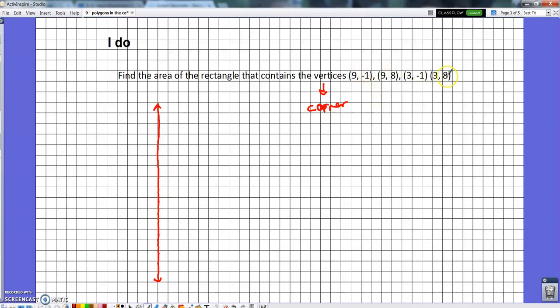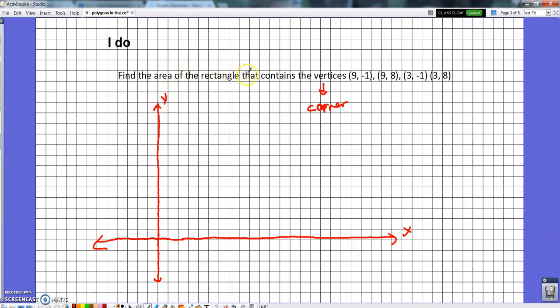And a lot of them are going to go up pretty far on the y and only down a little. So I'm going to make my plane more like that. I'm not going to make it symmetrical in all my quadrants. I'm going to be over here a lot and not really in quadrants 2 and 3. I doubt I'm going to use those. So there's my plane, x, y.